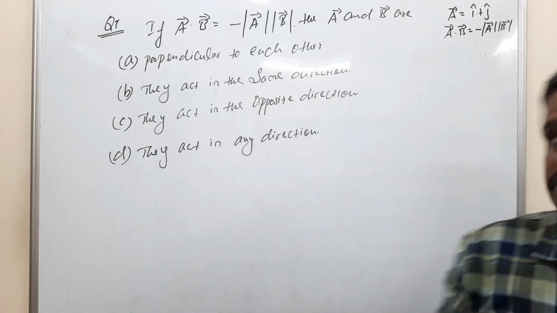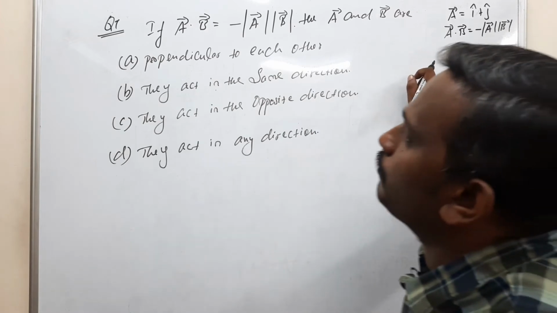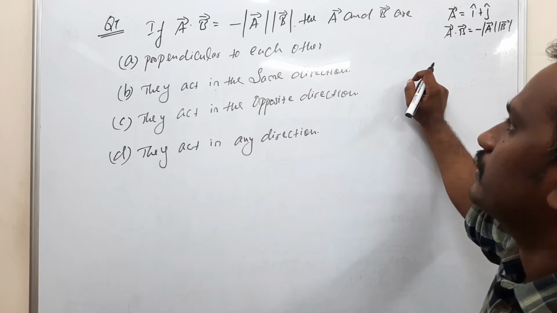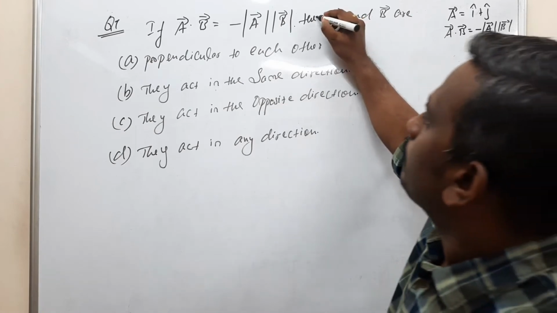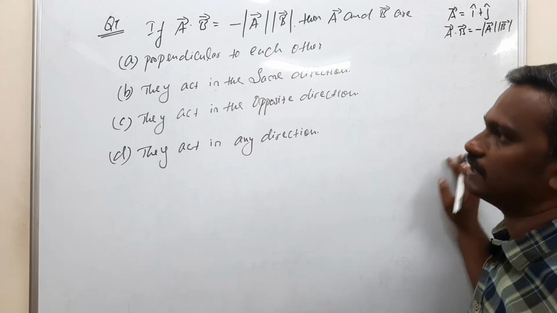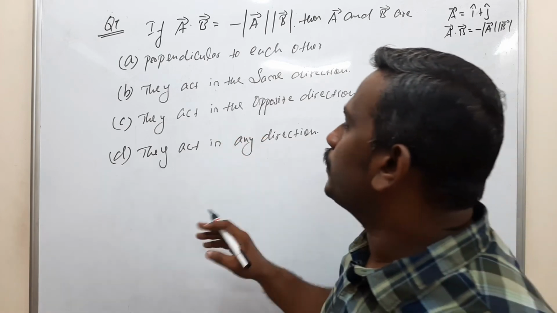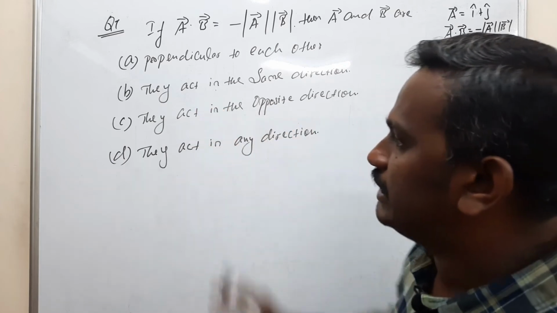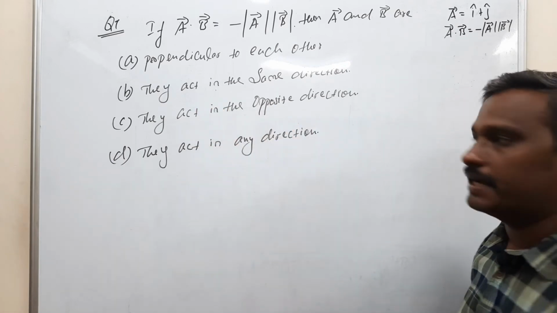So what is given in the question? A vector dot B vector is equal to minus of mod A mod B. Four options are given: perpendicular to each other, they act in the same direction, they act in the opposite direction, they act in any direction.